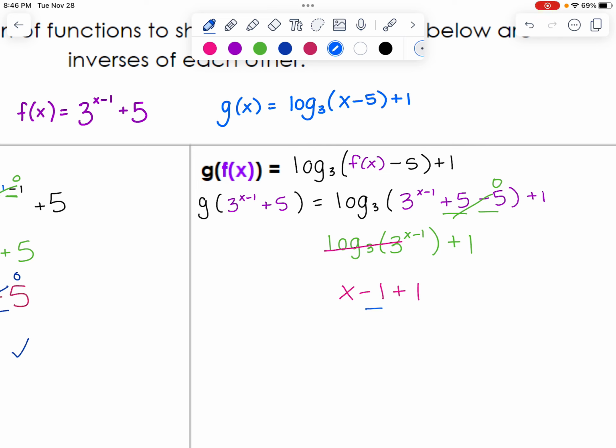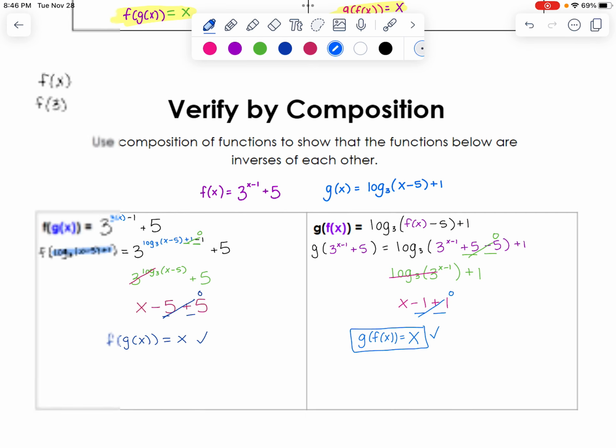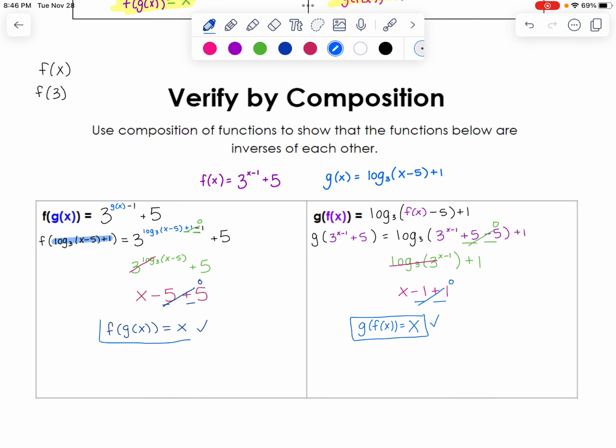Well, minus 1 plus 1 would equal 0. So we are left with g of f of x equals x. And now on both sides we have gotten x, and so yes, these are inverses. It has been verified.